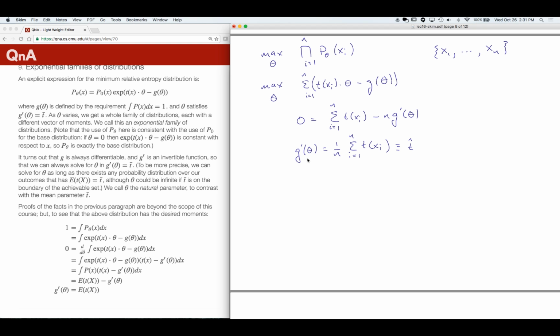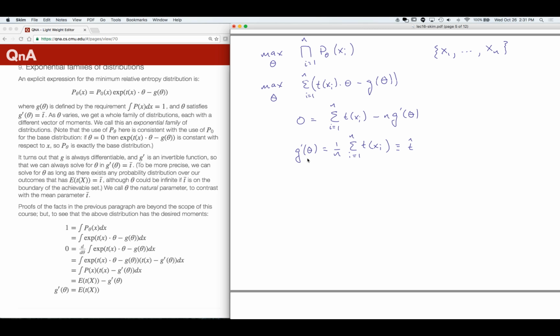It means that we wanted to build a family of distributions whose parameter was equivalent to telling us what the mean of our vector of features was.